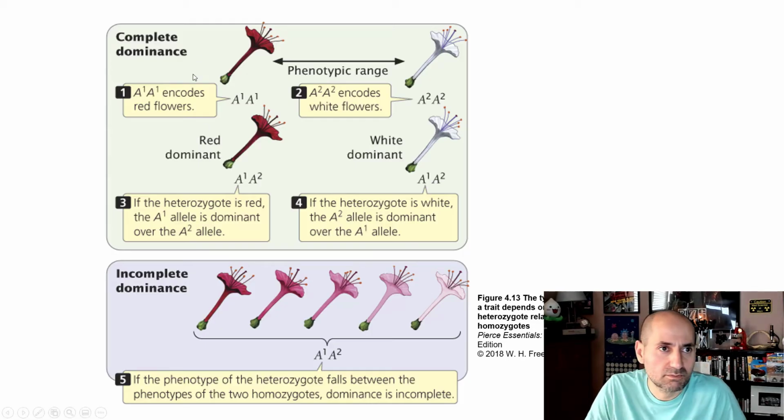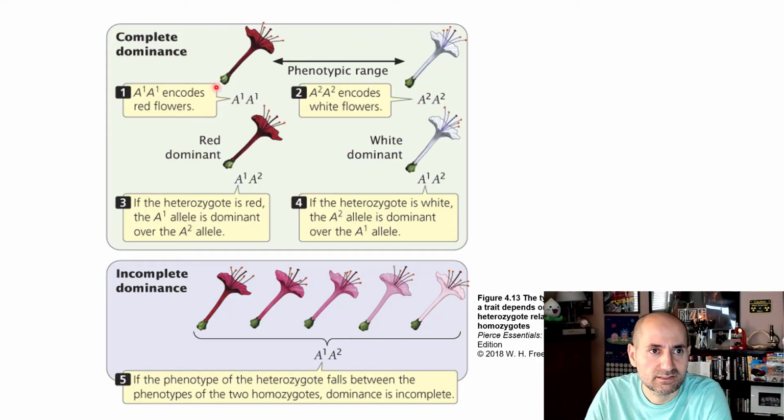So here's complete dominance at the top left. If you have a red flower plant and a white flower plant, and red is dominant to white, then the offspring are going to be 100% red. Not only will the offspring be 100% red, the only variability you will find in the offspring is either red flowers or white.